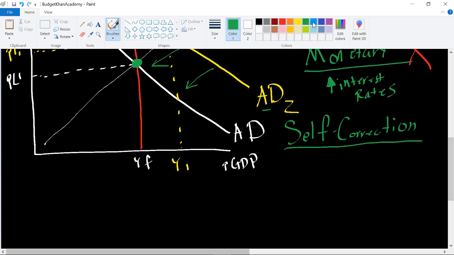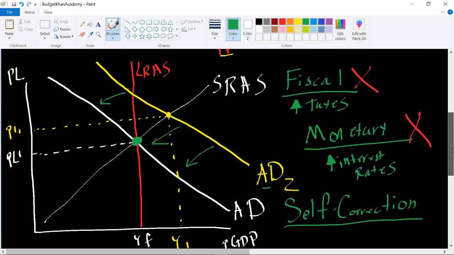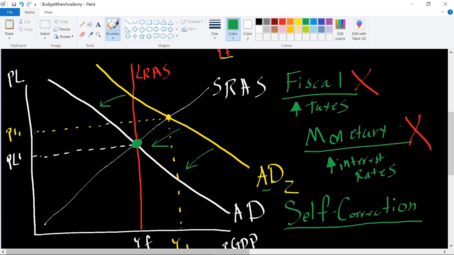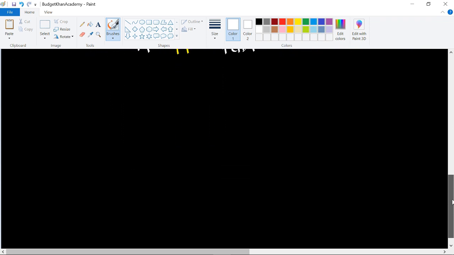So the idea behind this is that this initial aggregate demand increase from 80 to 82 is going to set off a chain reaction. And this chain reaction, if left untouched and if left to its own devices, will ultimately fix itself. So let's see how that works. I'm going to rewrite this right here.